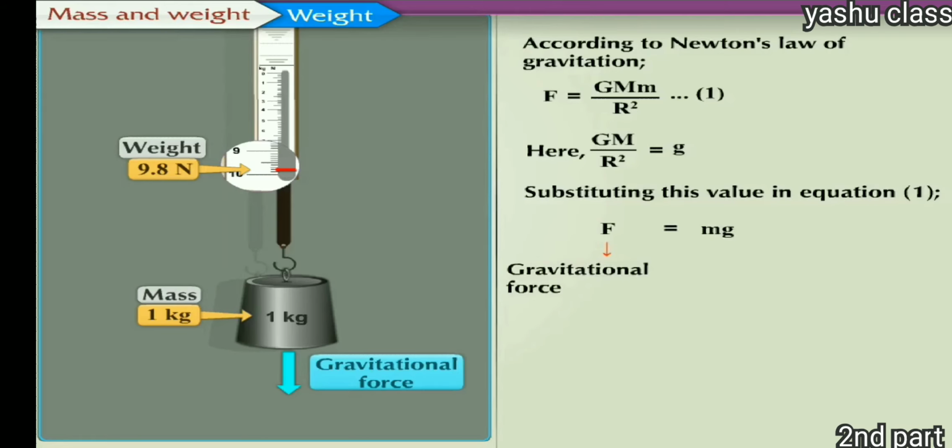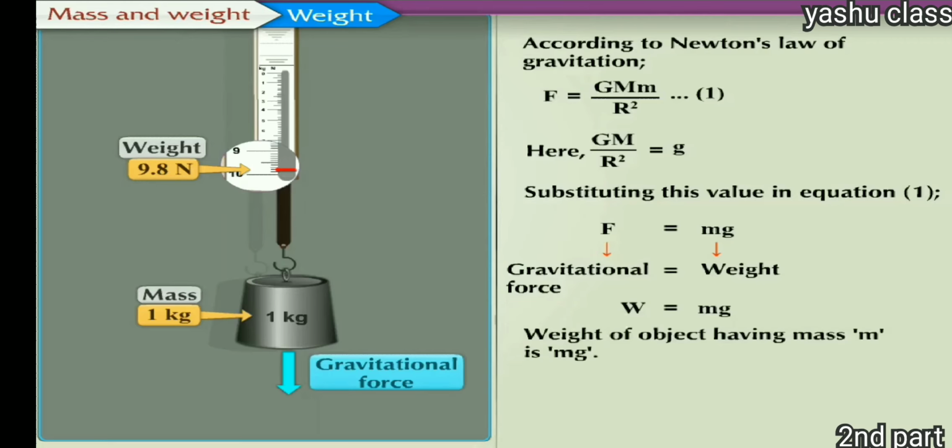This gravitational force is nothing but the weight. Therefore, W is equal to mg. This means that the weight of object having mass small m is mg. Since weight is the gravitational force acting on the object, the SI unit of weight is Newton.